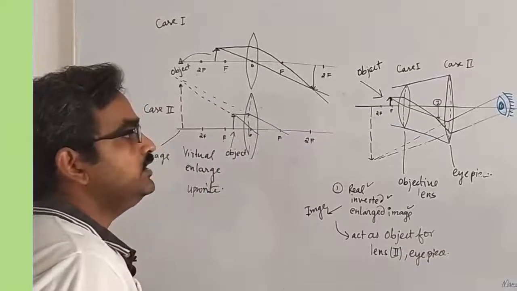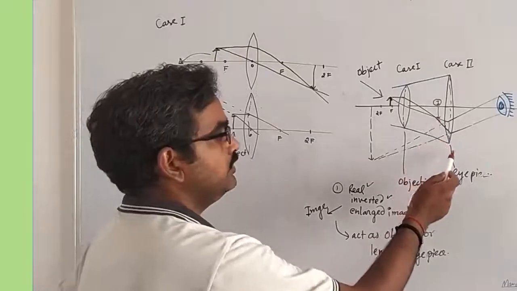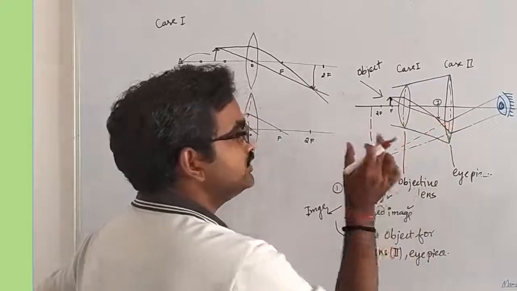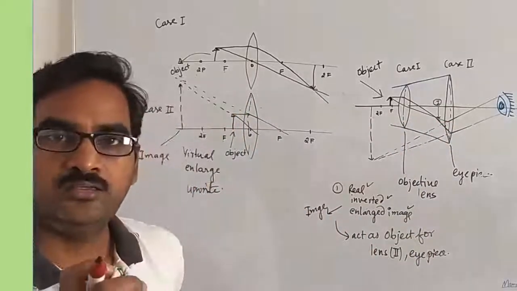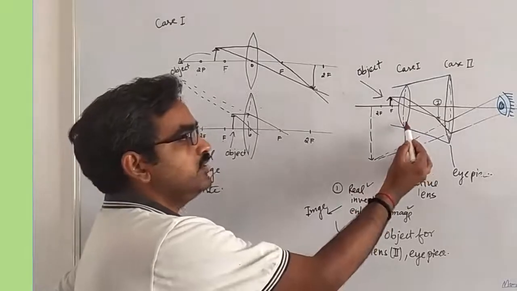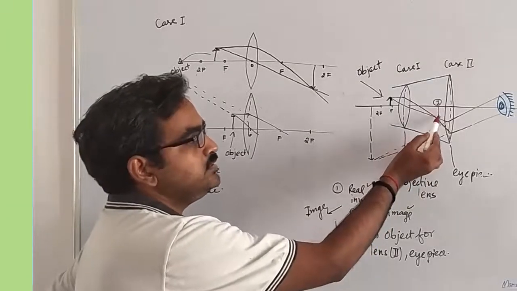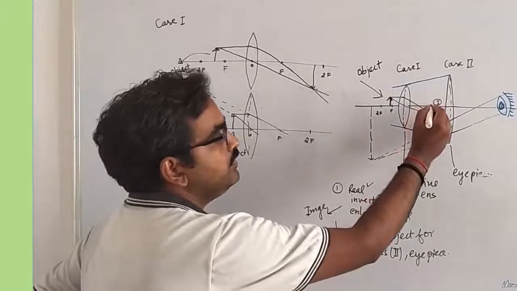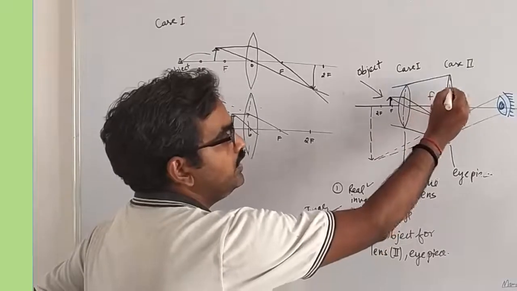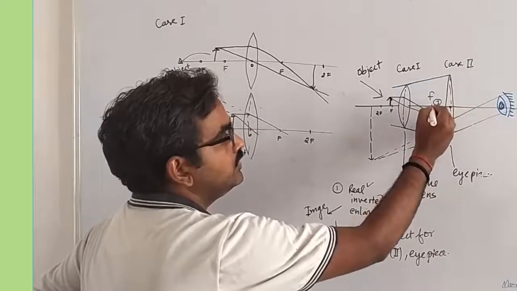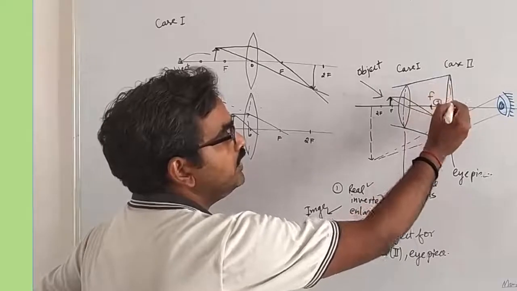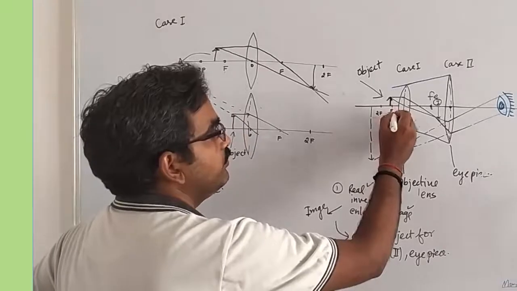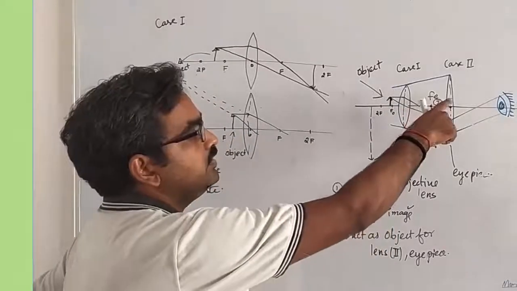It is very important that this image formed by the objective is falling within the focal length of the eyepiece. Say for example, FE for the eyepiece, and here FO you can write for the objective.